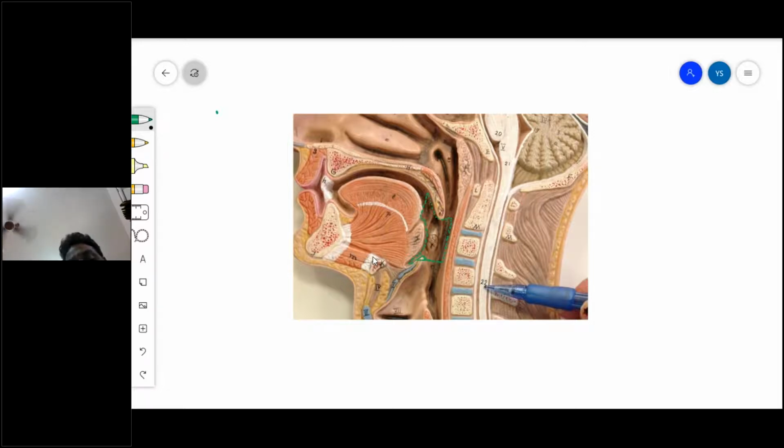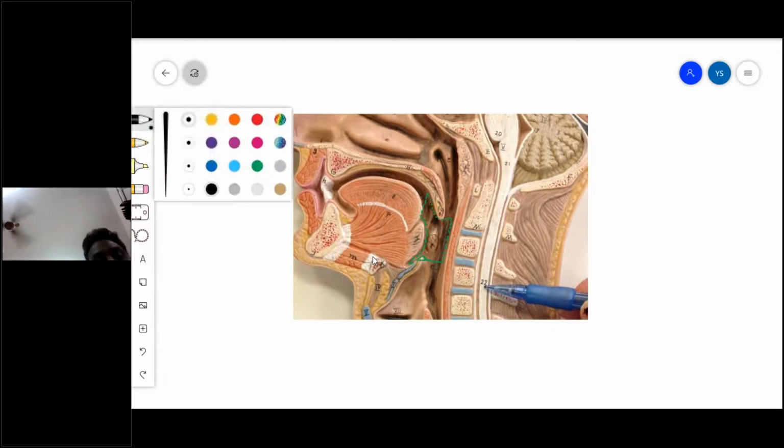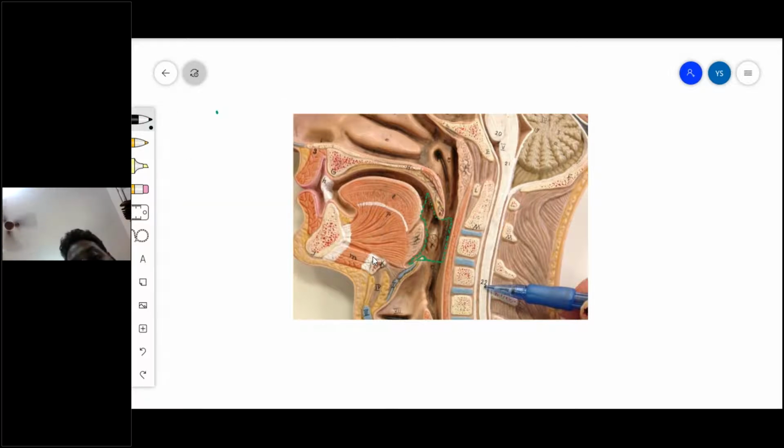Why is it called oropharynx? Because it is present behind the oral cavity. Anteriorly, I use the black arrows. Anteriorly it communicates with the oral cavity through the oropharyngeal isthmus.